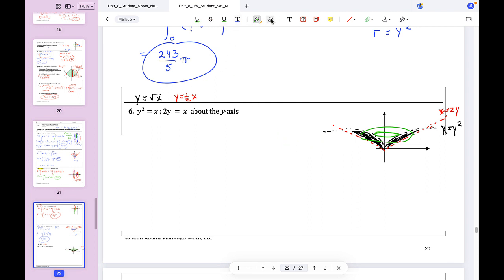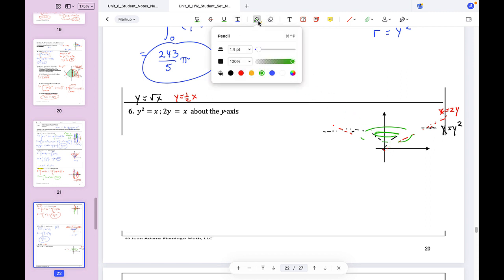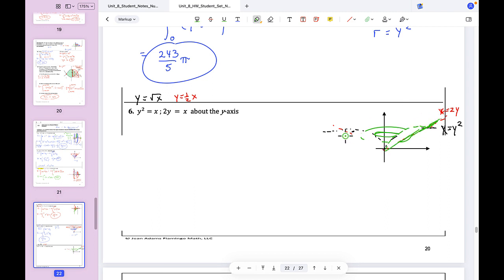It's a little bit hard to see with that black in there, isn't it? Okay, let's try that again. So here's one curve, there's the other curve. You can see it a little bit better like that.